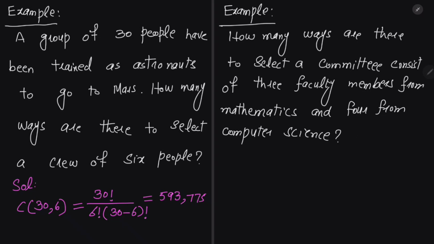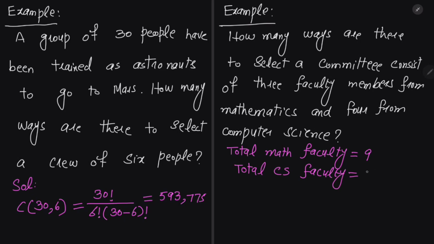This is the question. And if we have a total math faculty, for example, I just write the number, it is part of the question: the total math faculty is equal to 9, and the total computer science faculty is equal to 11. So this is the question.